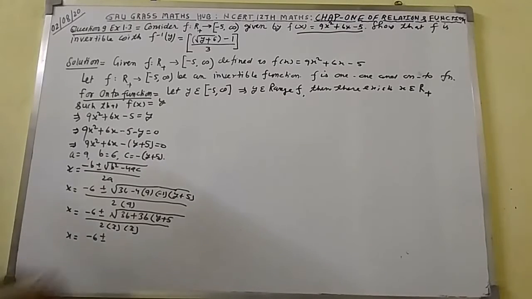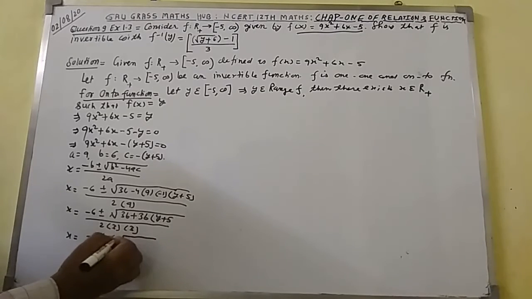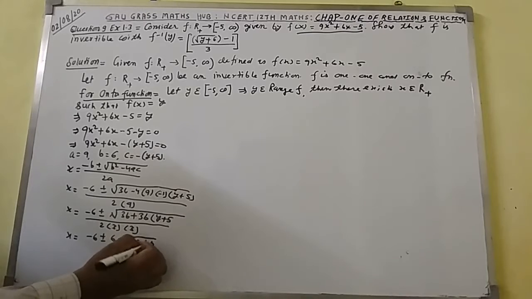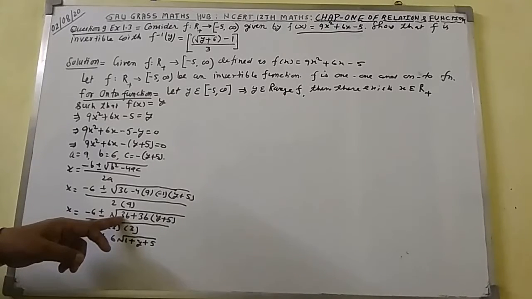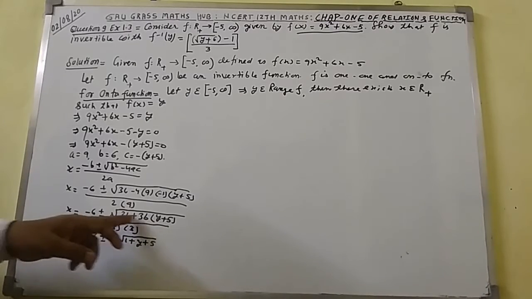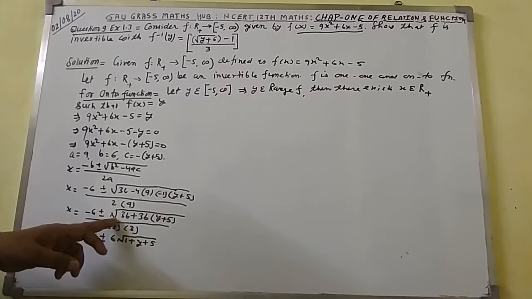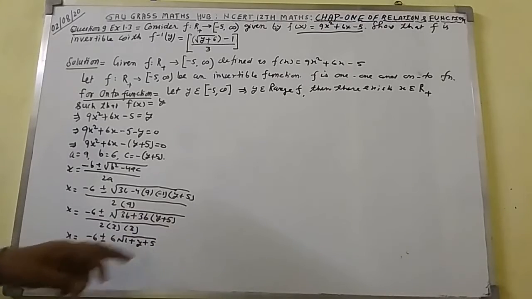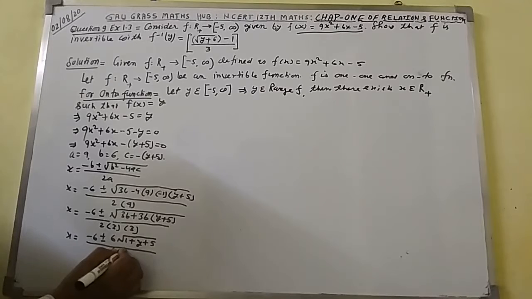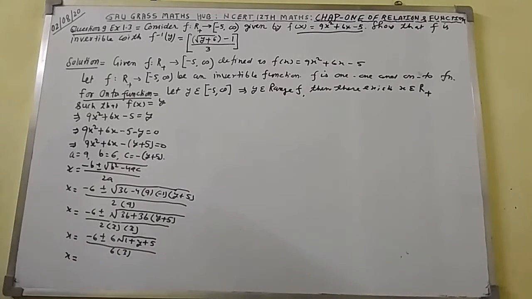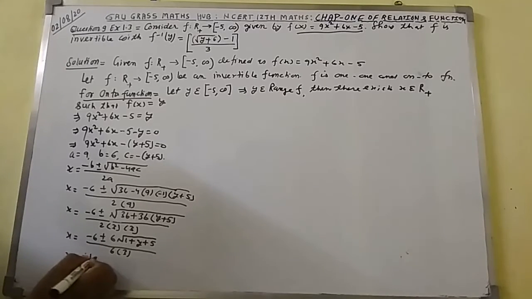Under root 36 we get 6, and in the bracket we get 1 plus (y + 5). So under root we get 6 and (y + 6), over 6 and 3. The 6 cancels out, so x = (-1 ± √(y + 6)) over 3.